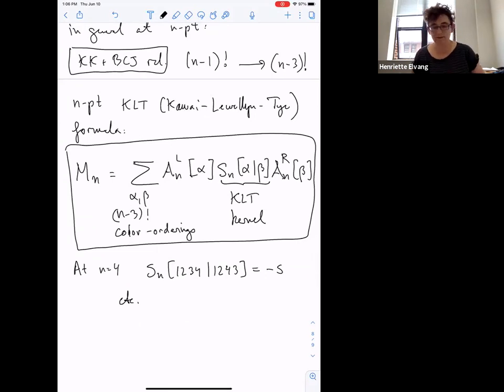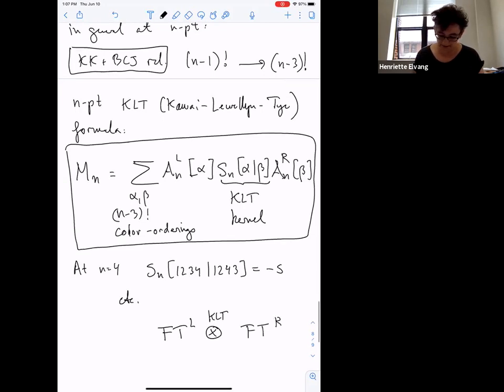So when we look at this formula, we can think about it in the following way. It takes a field theory on the left and multiplies it, using this KLT kernel, with a field theory on the right. And from this, it produces a new field theory that we could call the left times right field theory.